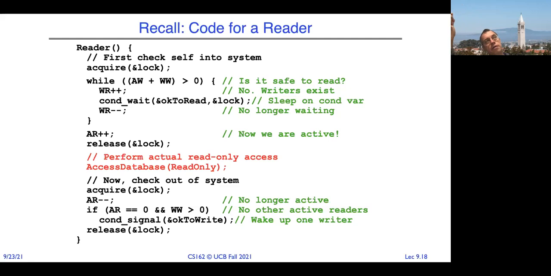And now I have a writer which wants to write. And that writer has to wait for the current readers to complete. And in the meantime, I have another reader which wants to read. And I'm not going to let this reader read the database together with the other readers before the writer is scheduled to write and update the database.